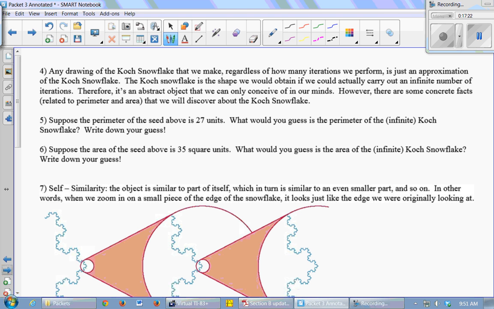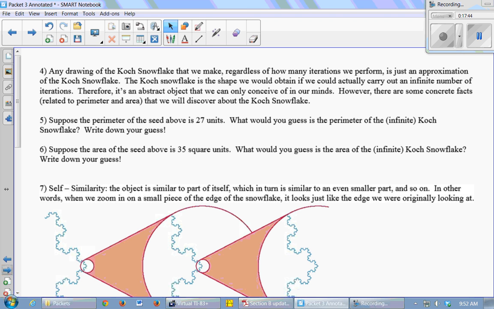So any drawing that we make of the Koch snowflake, regardless of how many iterations we perform, will be just an approximation of the Koch snowflake. So the Koch snowflake is the shape that we would obtain if you could actually carry out an infinite number of iterations. So that means that the Koch snowflake is an abstract object, right?